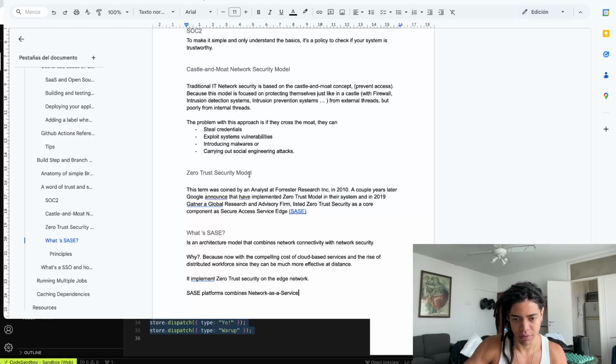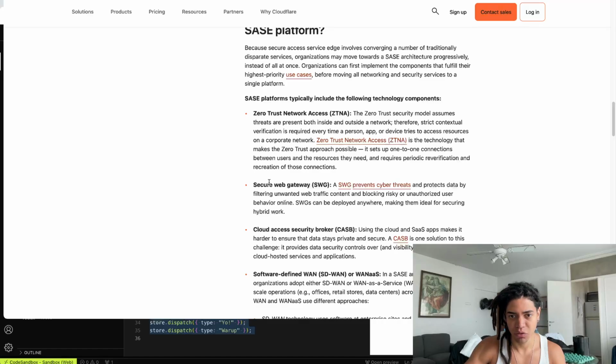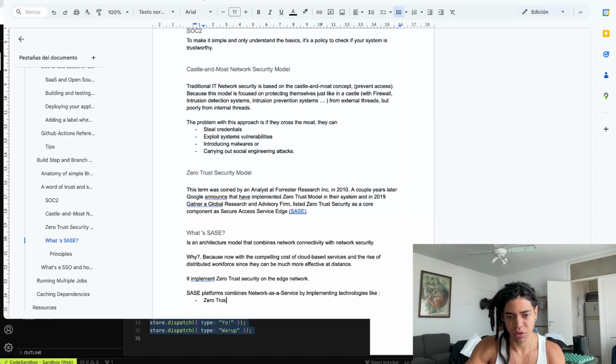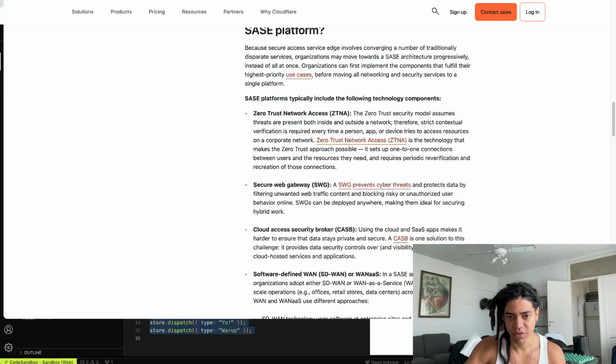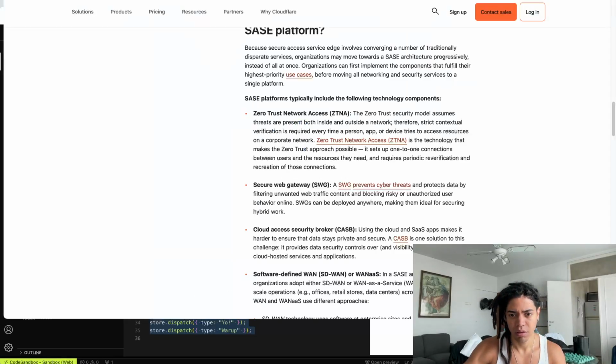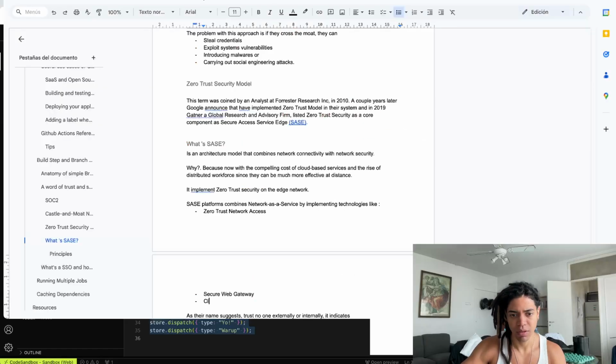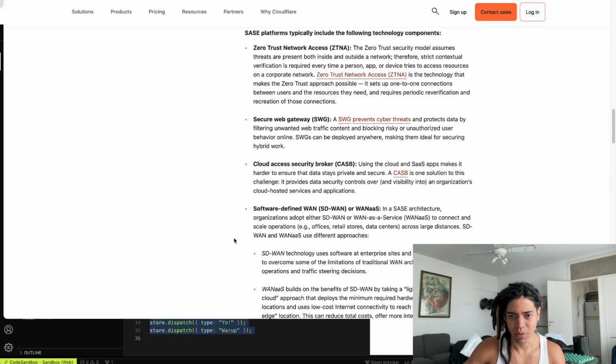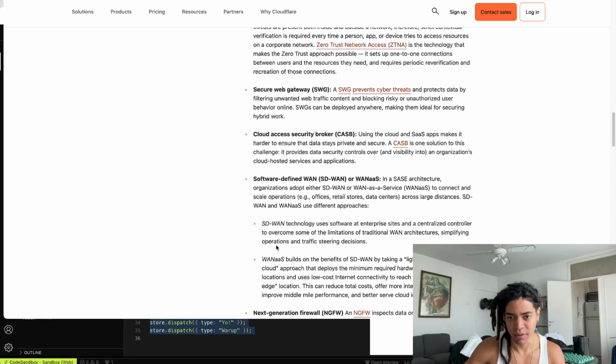Network as a service, by implementing technologies like zero trust network access, secure web gateway, cloud access security broker, known as CASB, and software defined WAN.